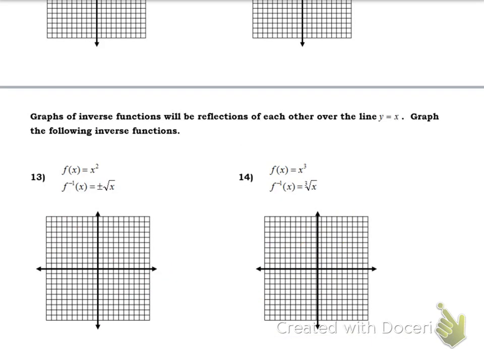All right, my next one, x cubed. Remember, it is 1, 7, 19 up. So it starts at 0, 0. Right 1, up 1, right 1, up 1, 2, 3, 4, 5, 6, 7. Left 1, down 1, left 1, down 1, 2, 3, 4, 5, 6, 7.